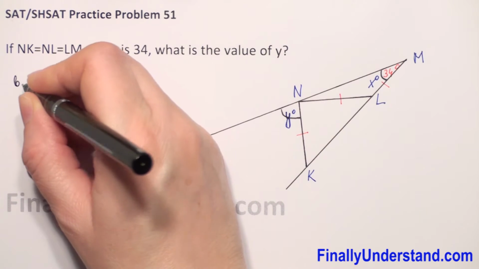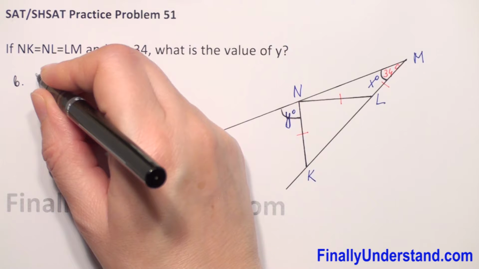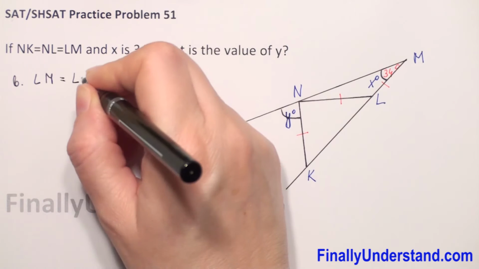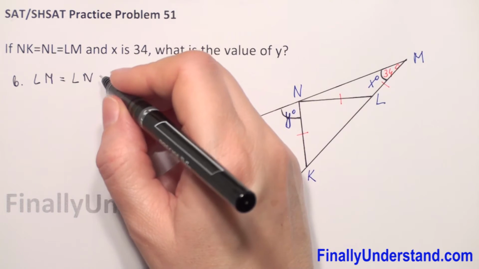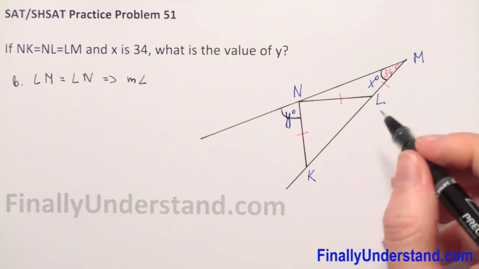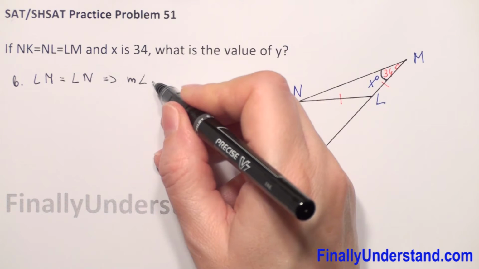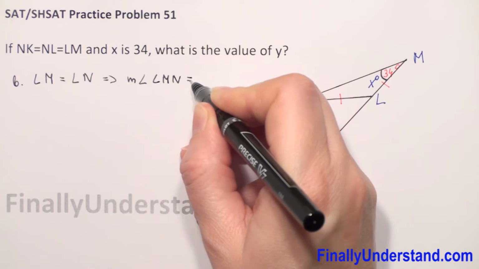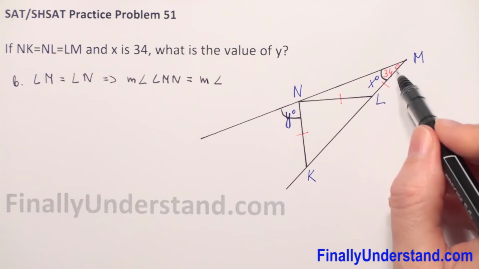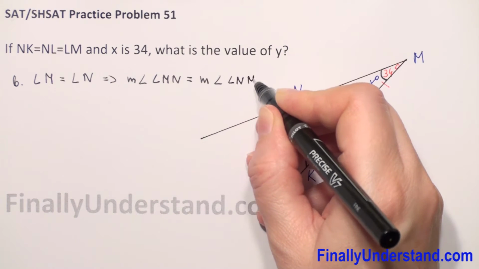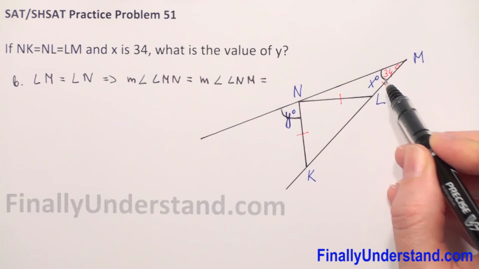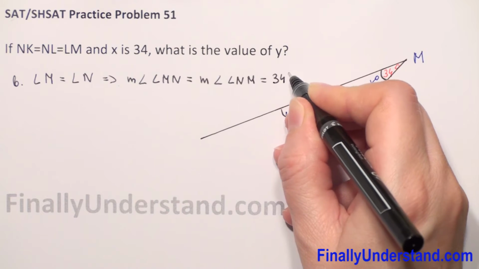Because LM is equal to LN, we have that the measure of angle LMN is equal to the measure of angle LNM. And we know that the measure of angle LMN is 34 degrees. So this is equal to 34 degrees.